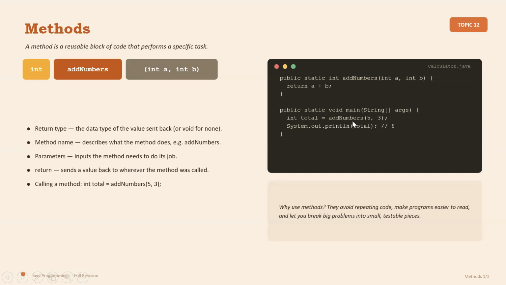That is my method name. And I'm directly giving 5 and 3. So 5 will go to a and 3 will go to b. And my output, that is return 5 plus 3. So total will get 8. The variable total will have the value 8. And system.out.println, you are printing total. So in the output screen, you will get 8.